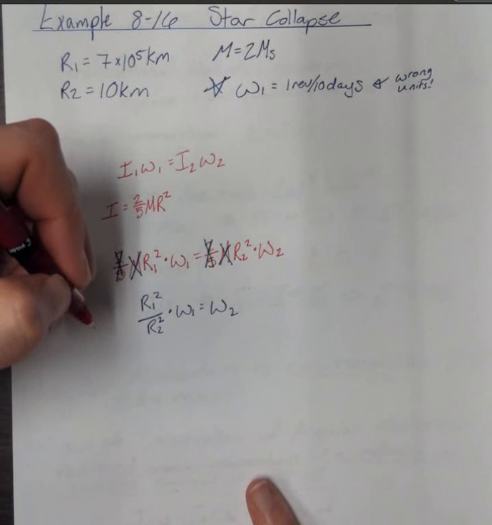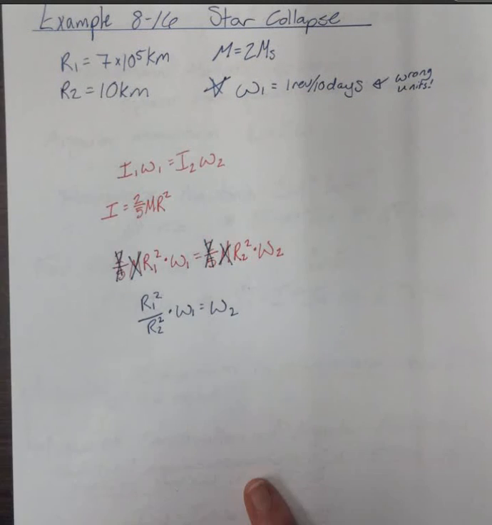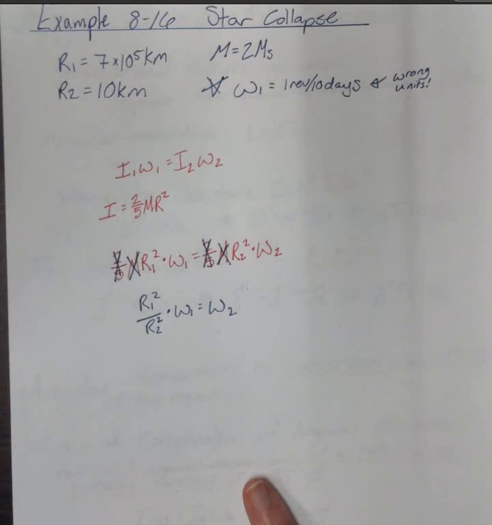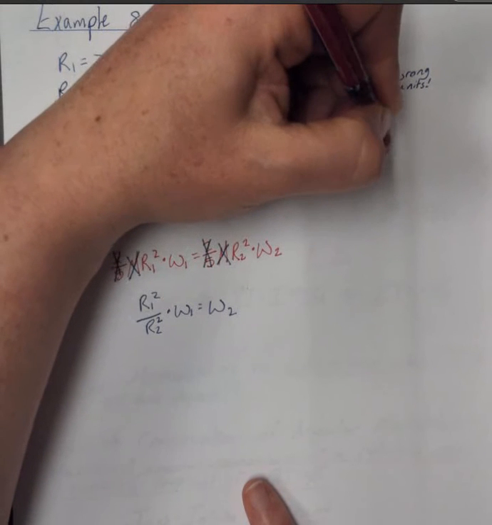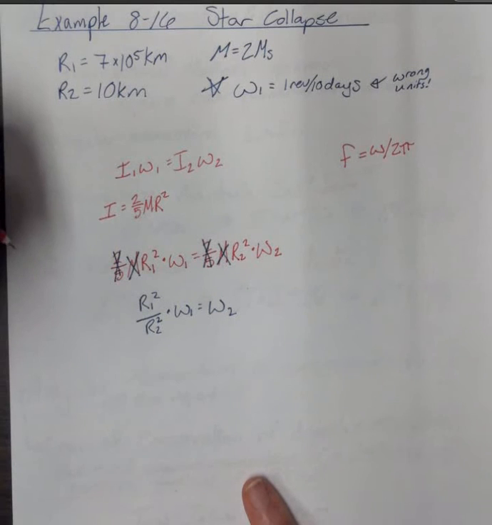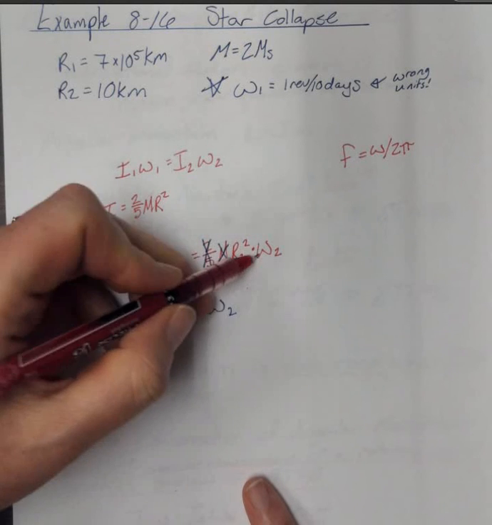And I need to change this 1 revolution per day. That's actually per day. If I change days to seconds, that's a frequency. And I know that I have an equation, frequency equals omega divided by 2 pi. So I can actually replace my omega 2 with a frequency.